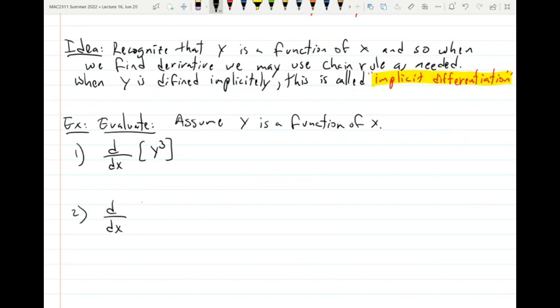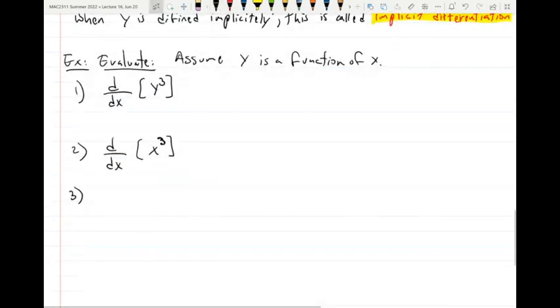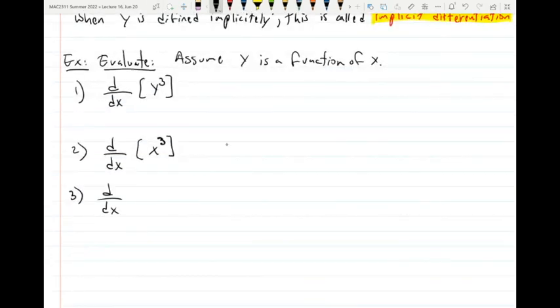Let's do these four examples, okay? Okay, so y is a function of x.